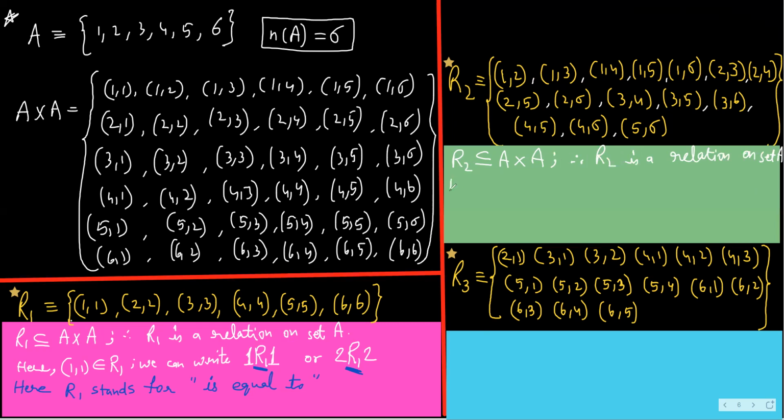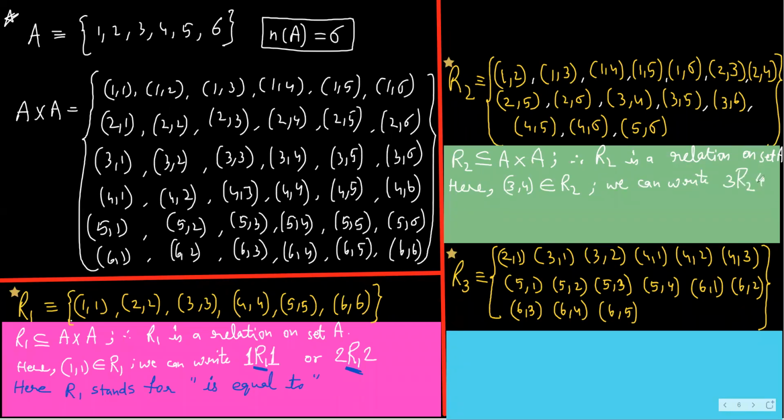Further, you can take any element, say I have here 3 comma 4. So I would say 3 comma 4 belongs to R2. Or we can write the same as 3 R2 4.